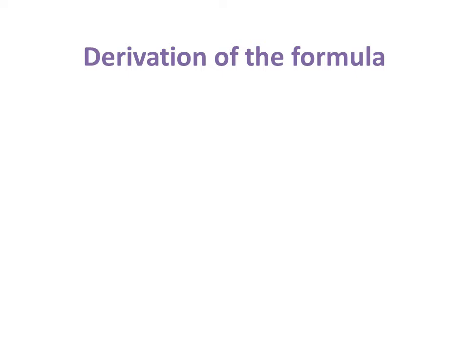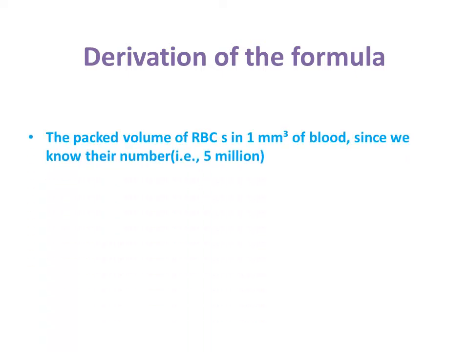Derivation of the formula. We know the value of RBC count, which is 5 million per cubic millimeter of blood. Therefore, we have to calculate the packed volume of RBCs in 1 cubic millimeter of blood.